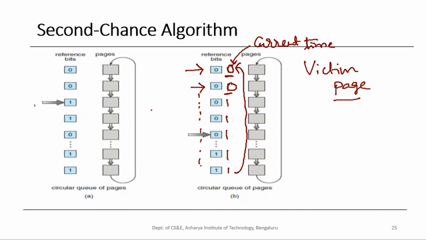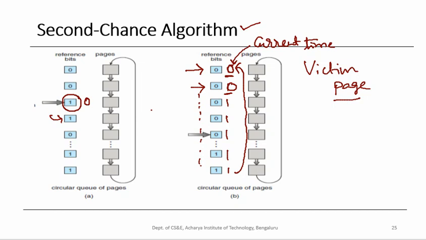Why is this algorithm called the second chance algorithm? If the reference bit entry of a particular page is 1, then we give that page a second chance by making that value 0 and we go ahead to the next reference bit entry corresponding to some other page. That's why this is called the second chance algorithm. I hope you understood it.